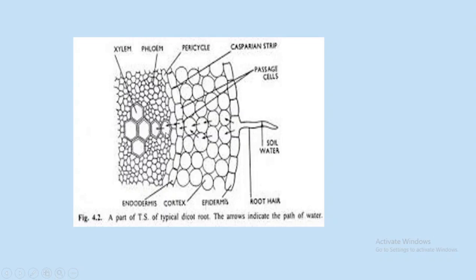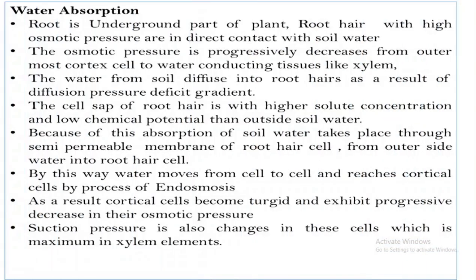So when water is absorbed, we see how the process takes place one by one. Root is the underground part of the plant. Root hair is with high osmotic pressure, and it is in direct contact with soil water. The osmotic pressure progressively decreases from the outermost cortex cell to water conducting tissues like xylem.